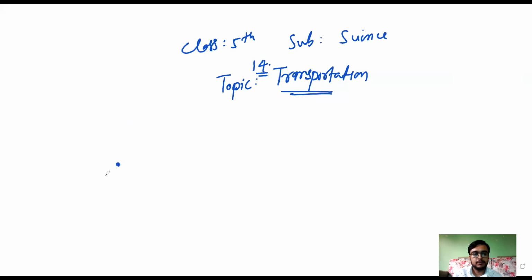Now let us understand it in simple language, right? Consider this is a point A and this is point B, right? Then the process of carrying people or goods from this place to this place, right?